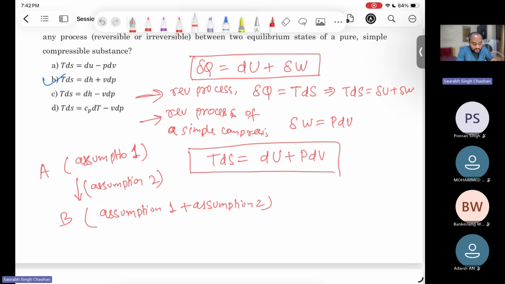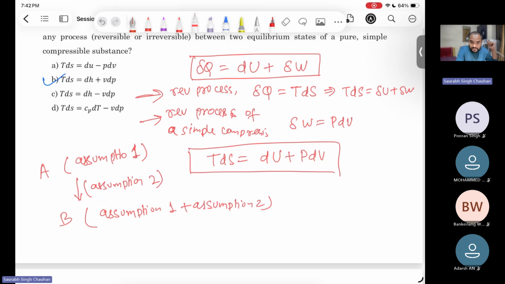But here what is happening? Here you have the equation del Q is equal to dU plus del W, and you added the assumption that the process is reversible, so you replace dQ by TdS. You added one more assumption that it is a simple compressible system, then you can replace del W by PdV, and you get the final equation.